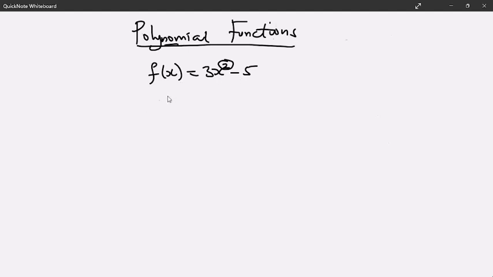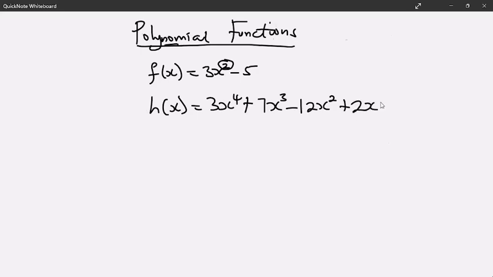Let's consider another function h of x equals 3x exponent 4 plus 7x exponent 3 minus 12x exponent 2 plus 2x plus 1.